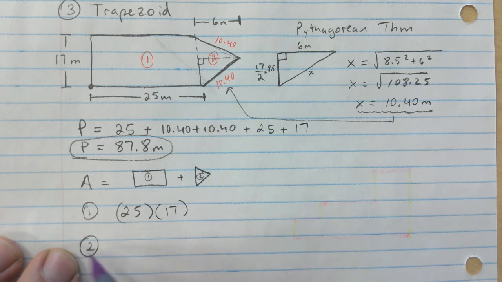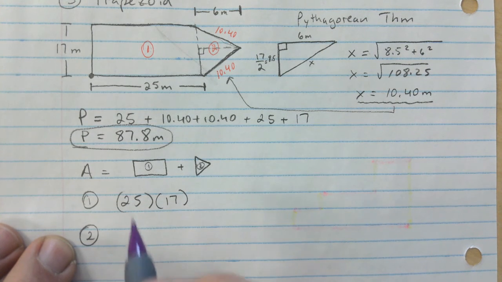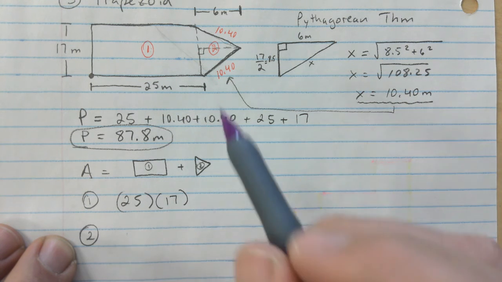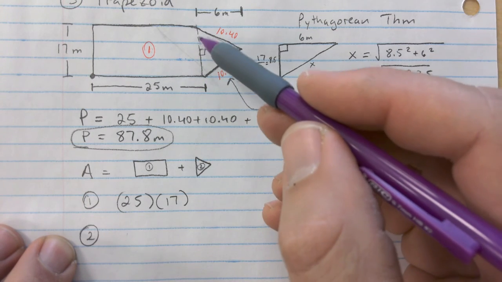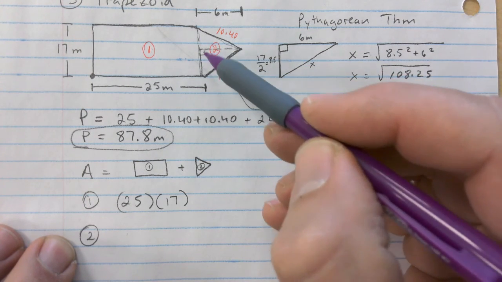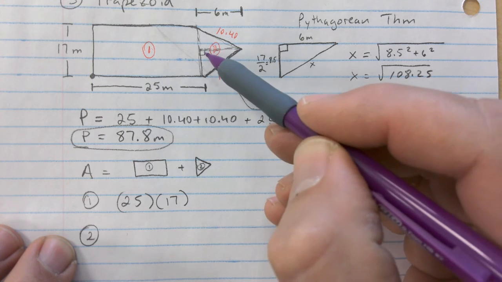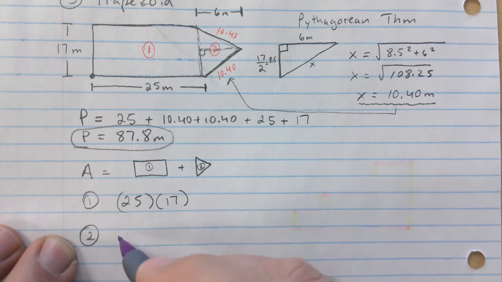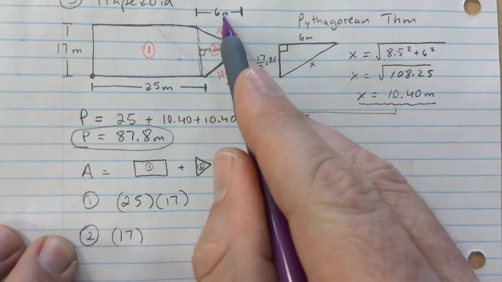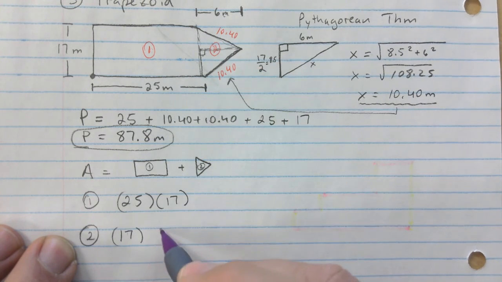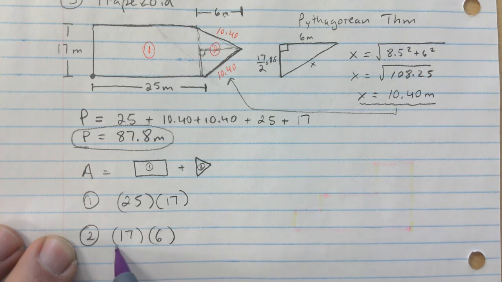For the second one, that's a triangle, right? That would be base. What is the base of this triangle? Remember that the base and the height, they meet at a 90, they have to. So we'd say base times the height, which is 6, right? The height is 6 divided by 2.